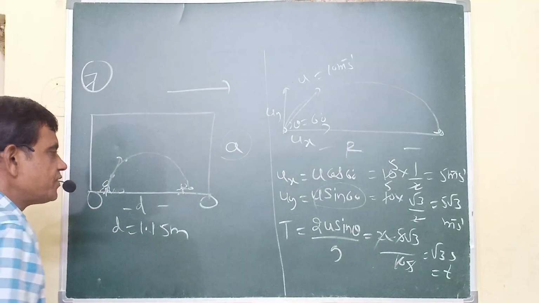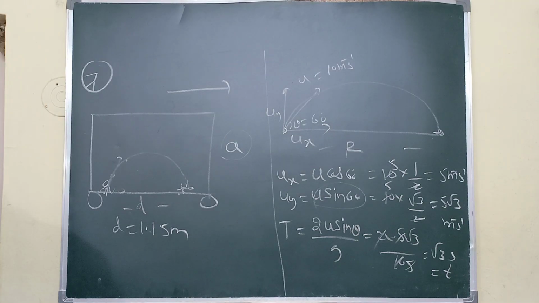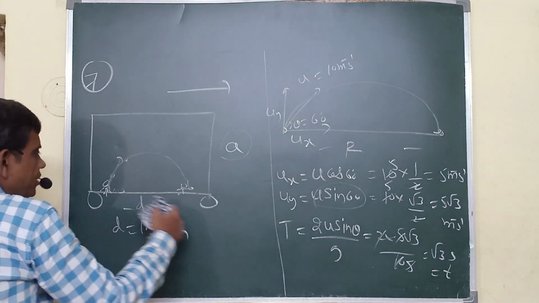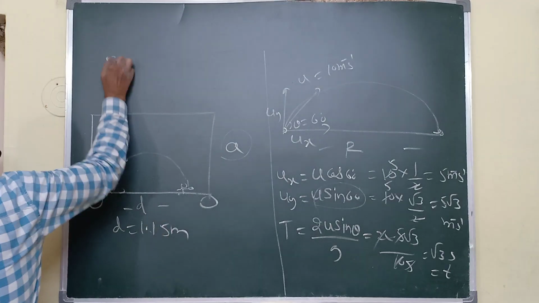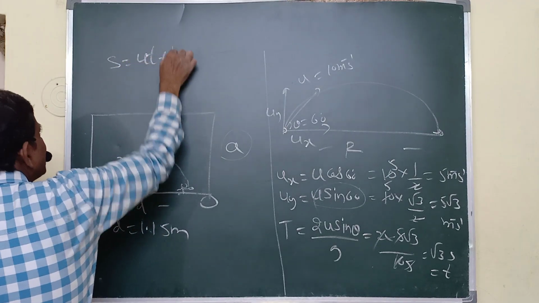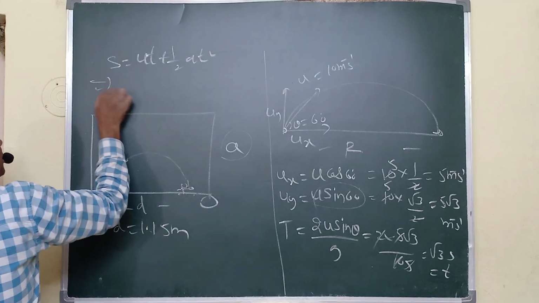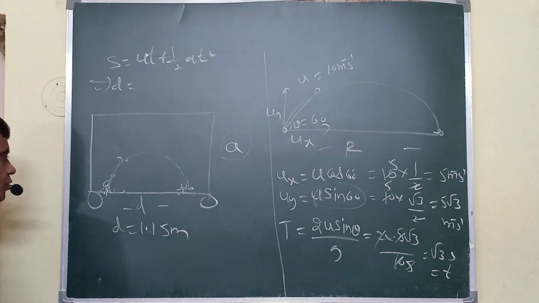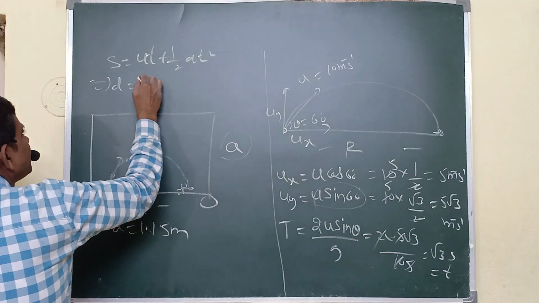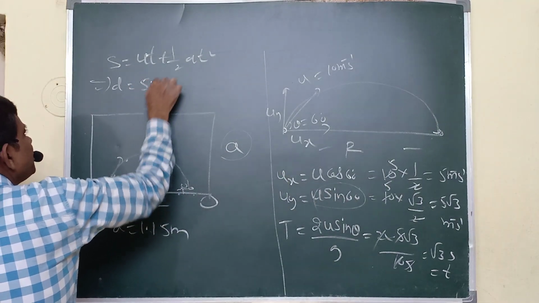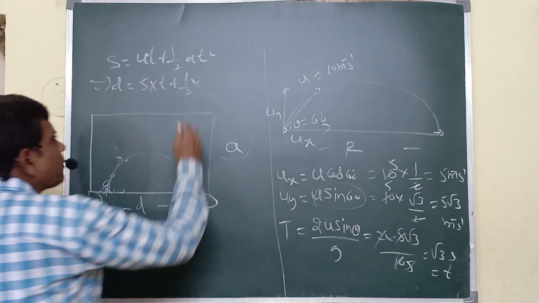Now we apply the formula S equals ut plus half a t square. To move from here to here, the distance d equals u, the horizontal component 5, into t, plus half into the acceleration, which is minus a.